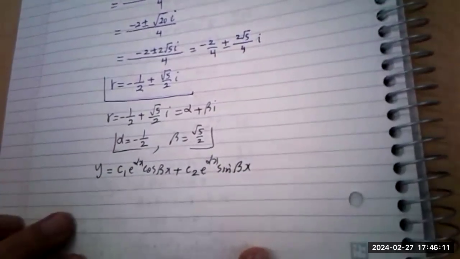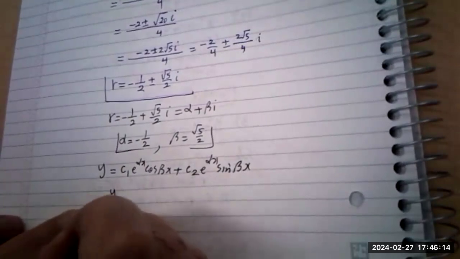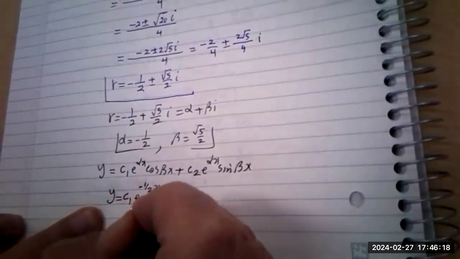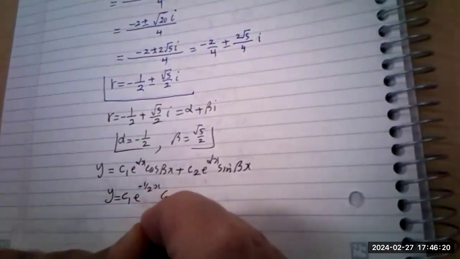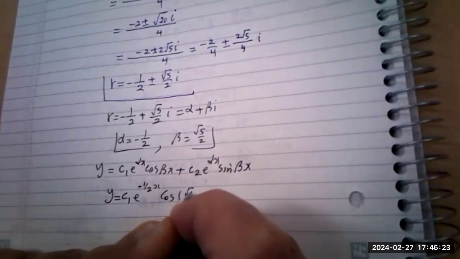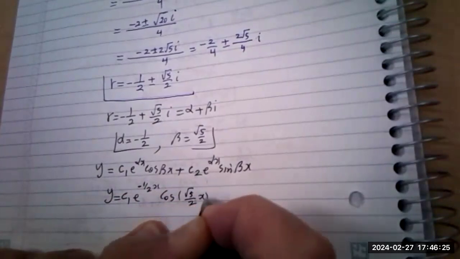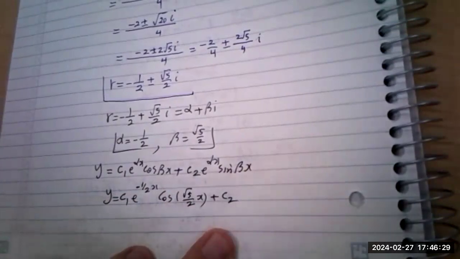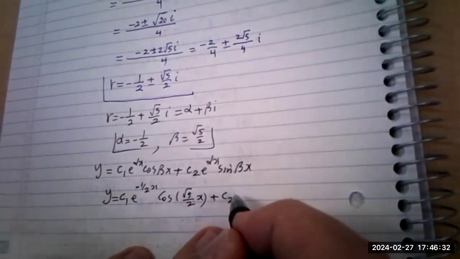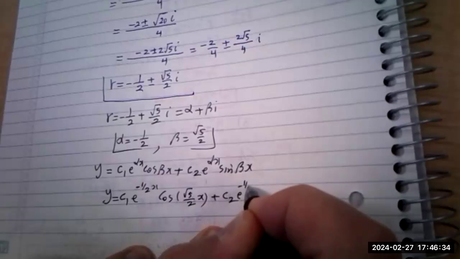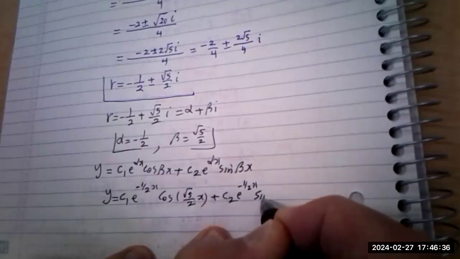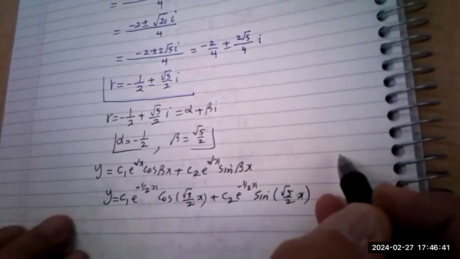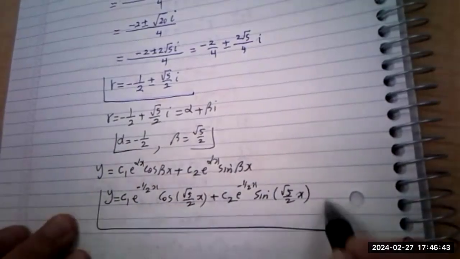So y would be C1 e to the negative one half x cosine of radical 5 over 2 x, plus C2 e to the negative one half x sine of radical 5 over 2 x. This would be the final answer.